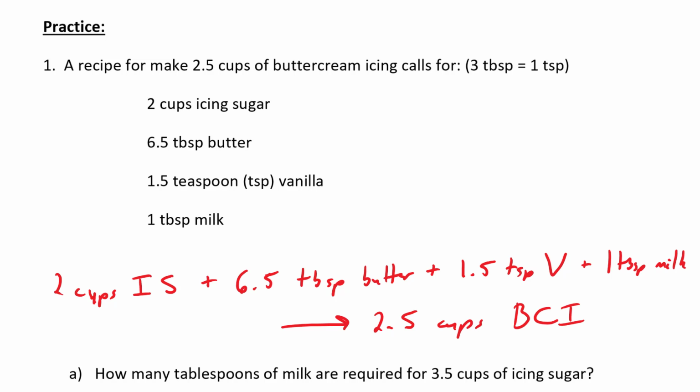I'll call it buttercream icing, vanilla, icing sugar, just so I don't have to write so much. For this recipe, these coefficients will say their exact values, meaning there's an infinite number of significant digits there. Now, this may not be applicable to the kitchen, but I'm trying to relate this to your chemistry. Hopefully you see where this is going.